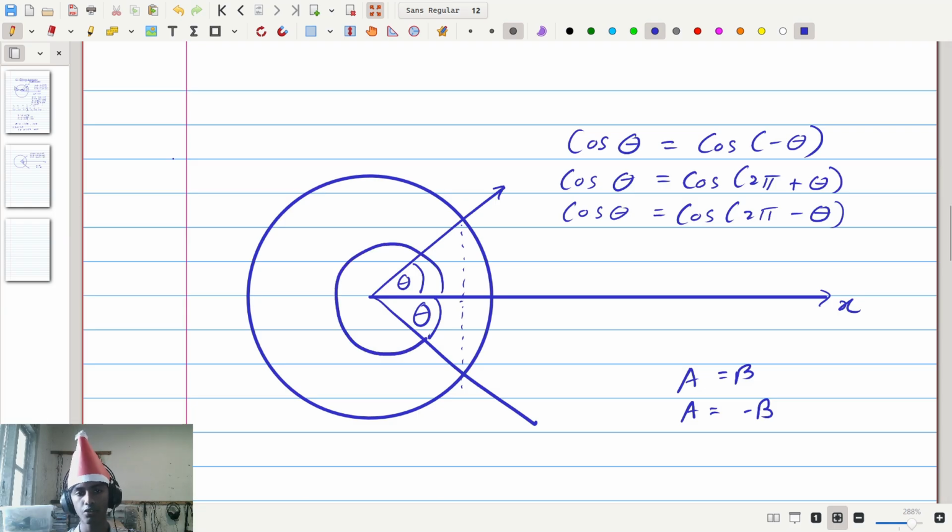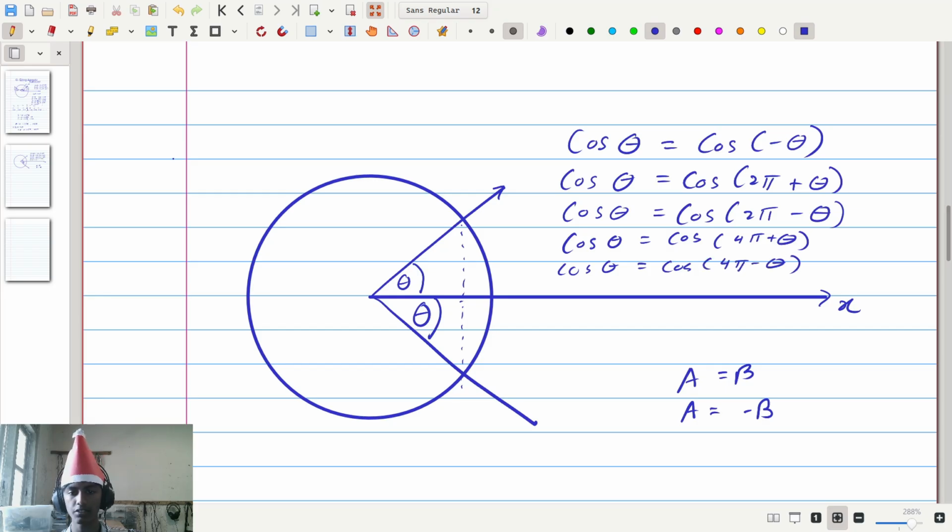If we continue circling around and go 2 full circles, a total of 4 pi radians, then applying a plus angle theta we'll still be in the same direction, and if instead we go by a minus angle theta, we'll be in that direction. So the cosine of theta is equal to the cosine of 4 pi plus theta and the cosine of 4 pi minus theta.